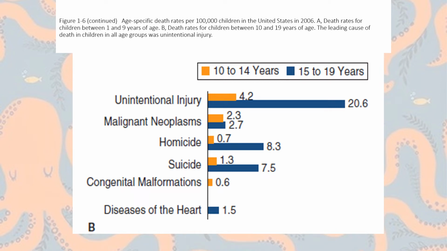So when you're giving wellness education to 15 to 19-year-olds, you really need to be focusing on prevention of unintentional injuries, and that can be car accidents or motorcycle, motocross, skiing, anything like that that could result in death. Then we have malignant neoplasms here, about the same.